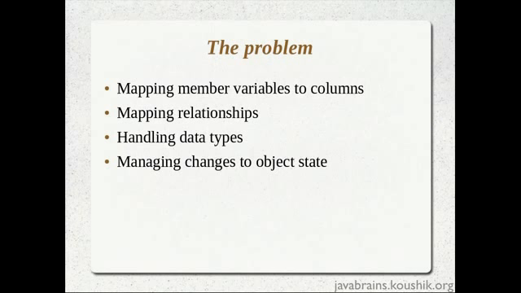So what usually happens is people tend to compromise on the object side of it. We would not have proper object-oriented programming, and we would tend to compromise on the object-oriented design, just because it's a pain to manage all of this. And what happens is our object-oriented design is influenced by the relational state of what happens to the data in the end.